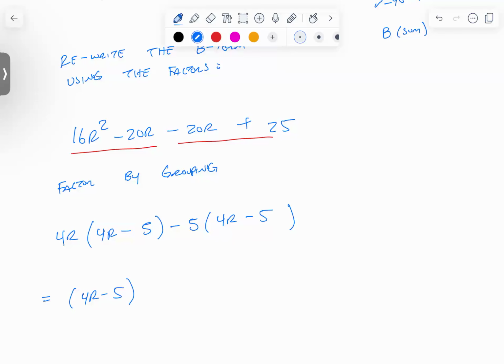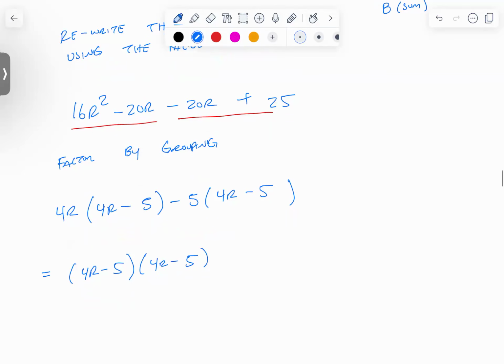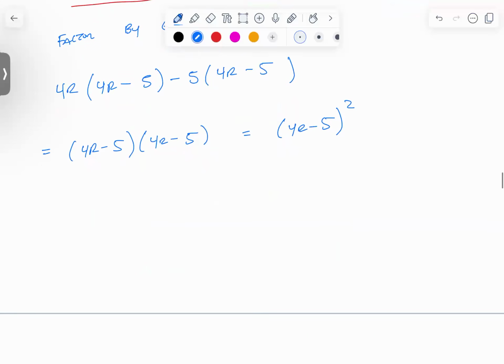And now, this one is a perfect square trinomial, so it's not always exactly the same. I just want to refresh us on factor by grouping, which I could also then write as (4r minus 5) squared. Since by definition we're in the double root case, this is a double root. But I just wanted to refresh you guys on the AC diamond method, and you can always factor with this as well.